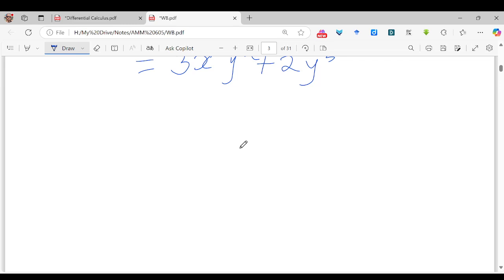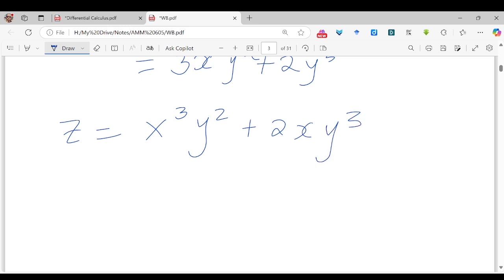So we have again z equals x cubed y squared plus 2xy cubed. This time, if we want to find the partial derivative of z with respect to y, then we shall treat x as a constant.